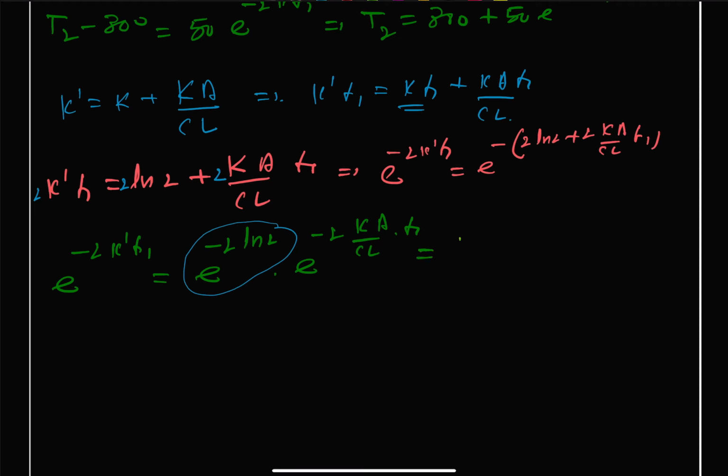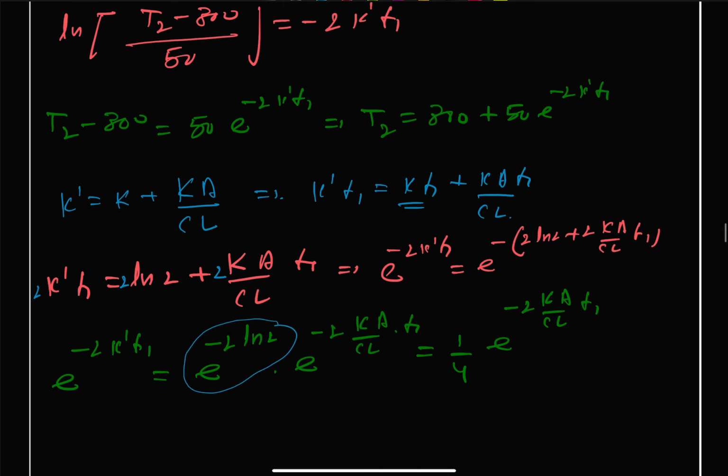So we can write this equal to 1 by 4 times e raised power minus 2 Ka upon Cl times T1, which was required to substitute here.